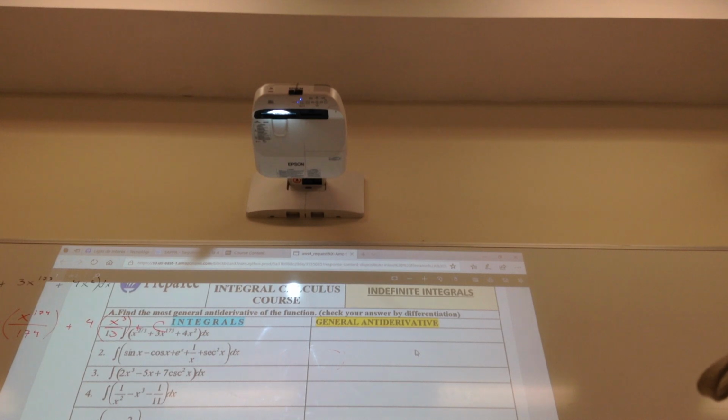Now, can I simplify or rewrite? Yes. In this case, this becomes 3/5 times the cubic root of x to the 5th power plus 3 over 4/3 x to the 4/3. Can I simplify that?